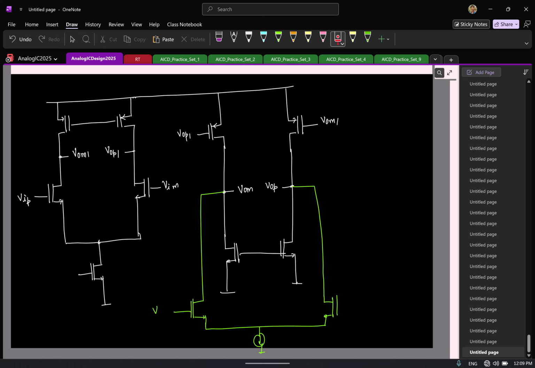If this is the negative output, here I should have the negative input or positive input? Positive input, right? Because I should have the same signs both in this path as well as in this path. Here I know that this is my minus output, which means for the chosen inputs the output here is reducing. So here I have Vi plus.